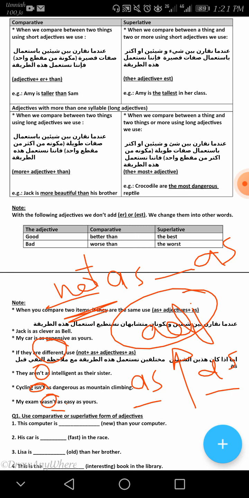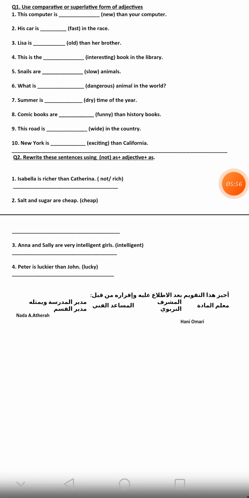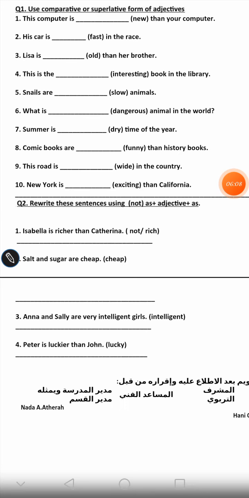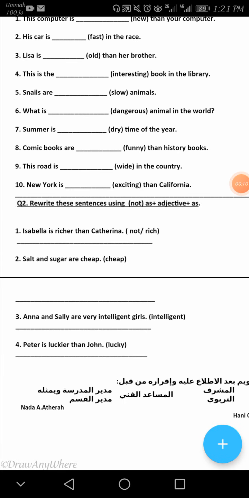Okay, now after I explain the lesson I want you to try to answer these questions. Let's start. Now, question number 1. As you see here, the computer is ___ than your computer.